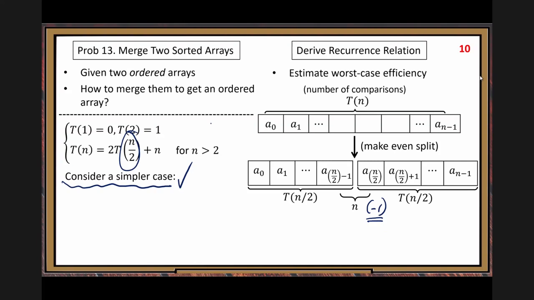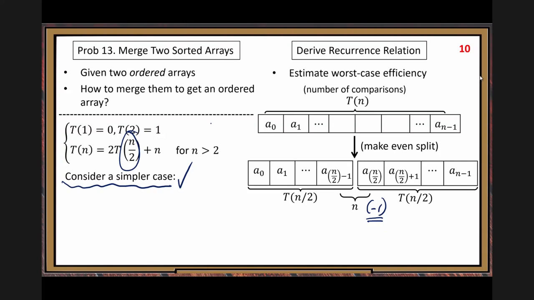First, can we assume n is an even number? We have two options, n an even number and an odd number. Which one is easier for us? Even number, right? Odd number, harder for us, right?